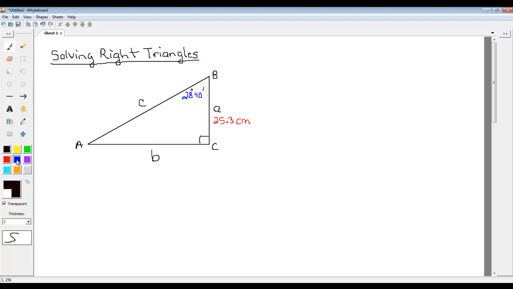Let's tackle the angle first. We know there's a right angle here, which tells us that angles A and B together must equal 90 degrees. So if B is 28 degrees 40 minutes, then to find angle A we can say 90 degrees minus 28 degrees 40 minutes.